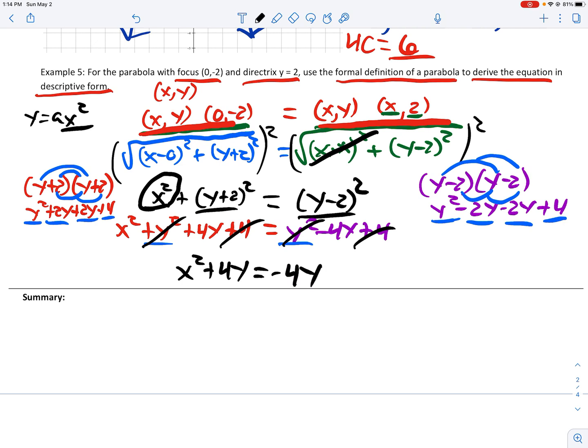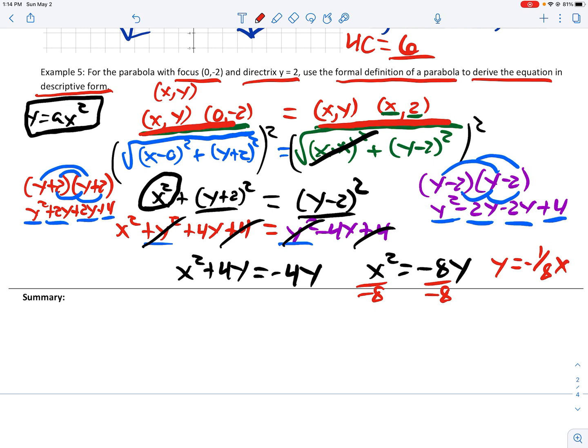Let's subtract 4y over, so I have minus 8y. That's kind of looking like what we want, right? Kind of looks like y equals ax squared. We're almost there. If we just divide by negative 8, we get y equals negative 1 over 8 x squared. And there we go. There's my equation.